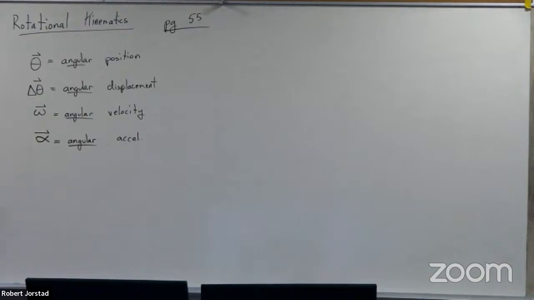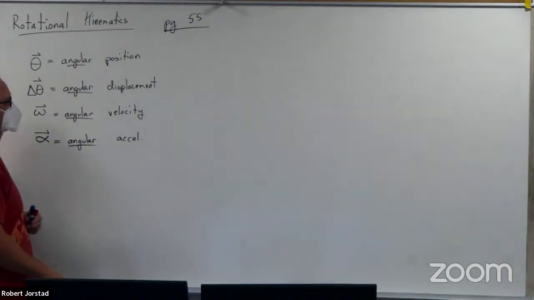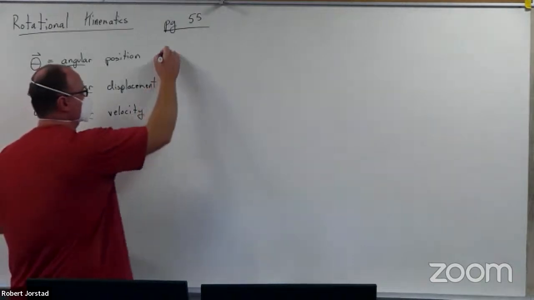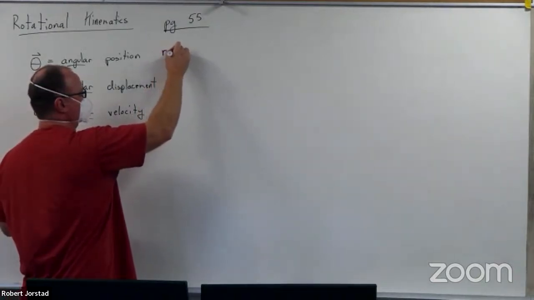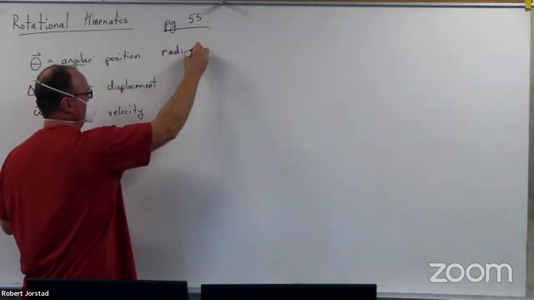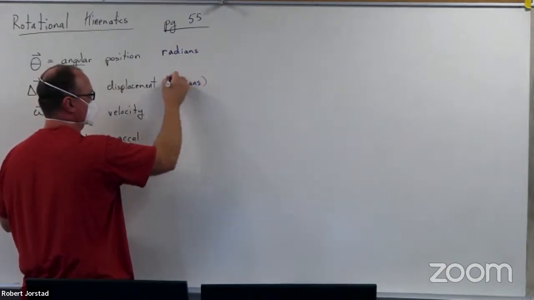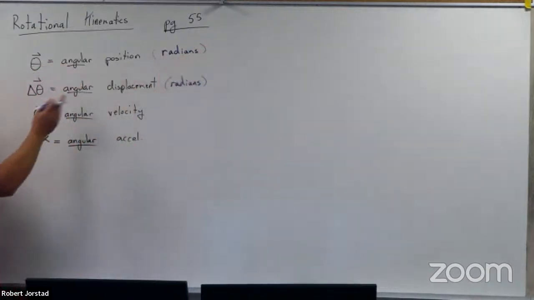The first thing I should say, let's put the units on these. What are the units of an angle or an angular position? Radians, because we're going to have to do calculus at some point. You might think it's degrees, but we're going to want to use radians. And that's the same for angular displacement.